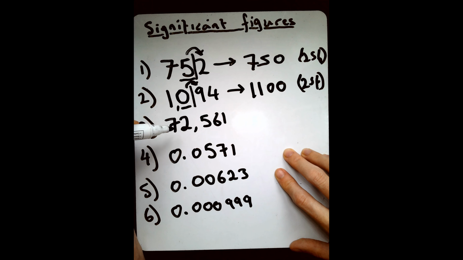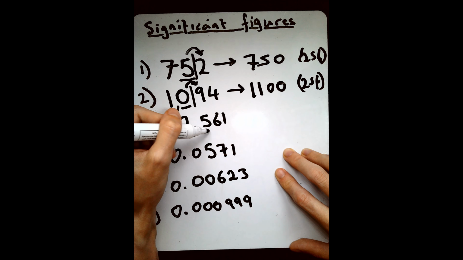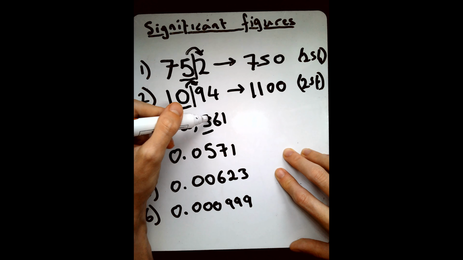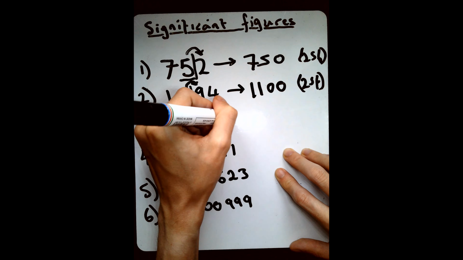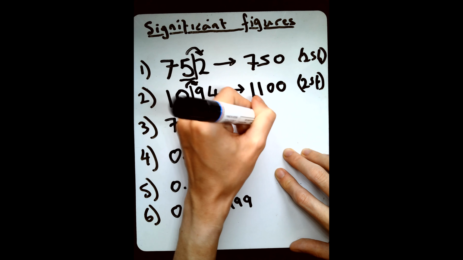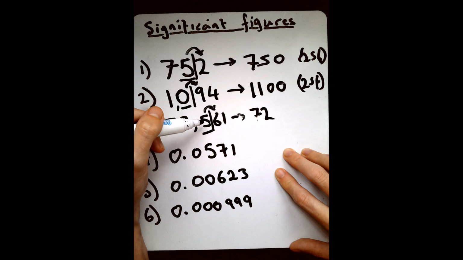Okay, now what I'm going to do with the third one is I'm actually going to do this to 3 significant figures. So count 1, 2, 3, that's my third significant figure, put my line in. Imaginary wall, look over. Now 7 and 2 are always going to stay the same. It's just about this 5. Does that stay the same, or does it increase by 1?